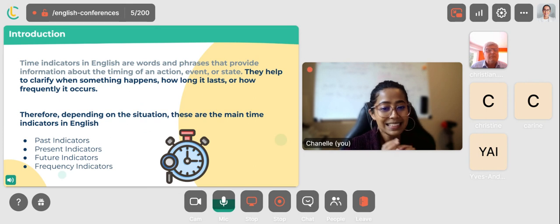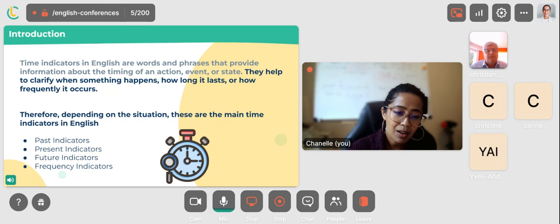So, time indicators in English are words and phrases that provide information about the timing of an action, an event, or a state. They help to clarify when something happens, how long it lasts, or how frequently it occurs.